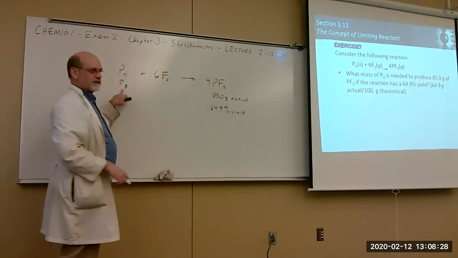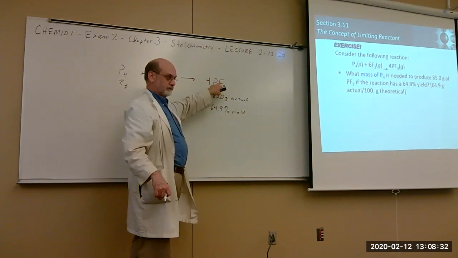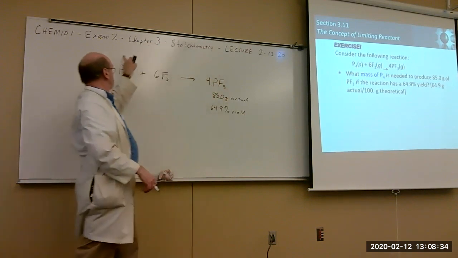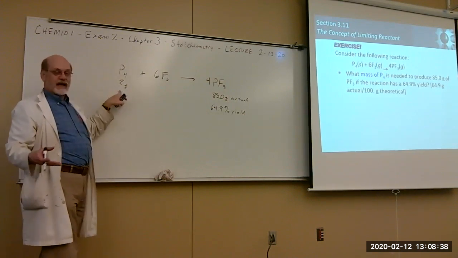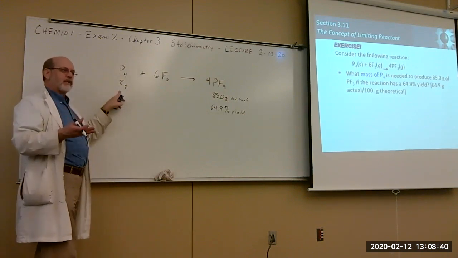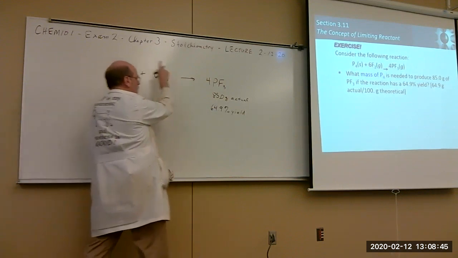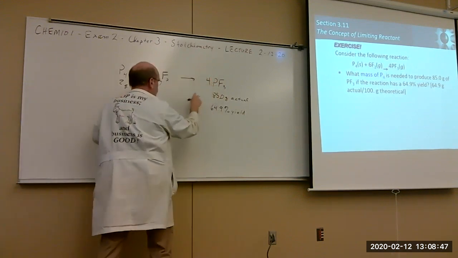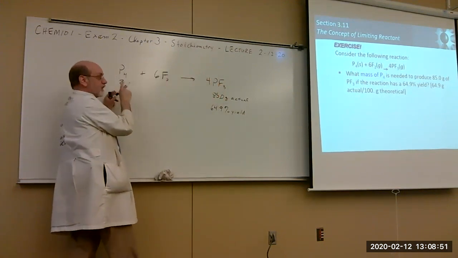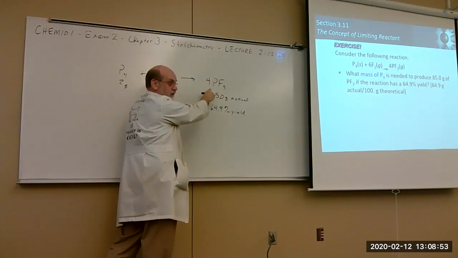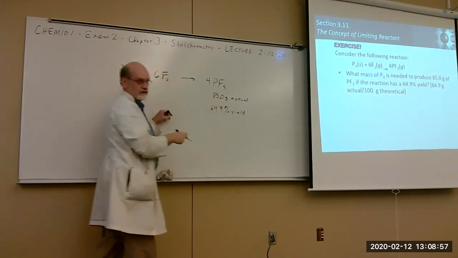If you convert it to moles, and then go over here, how many moles are required here? Convert that to mass. Then you're going to get a number. But if you take that number and go back over here, you're going to get the stoichiometric value. Then 64% of that is going to be less than this.